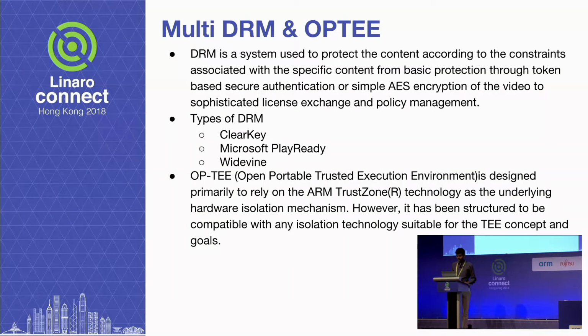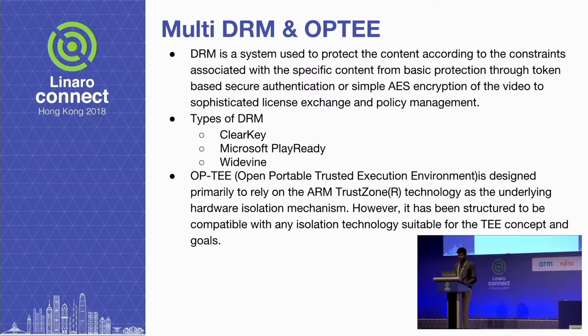So this is some overview of what DRM is, the types of DRM, and what OPTEE is. DRM is a system to protect your content according to the constraints associated with the content. It varies from a basic protection to a sophisticated content protection using license key management and other things.